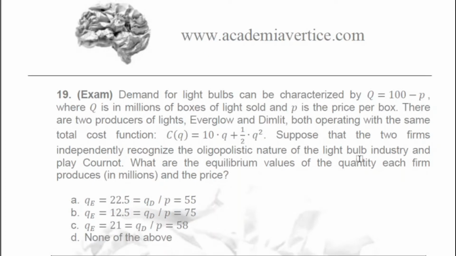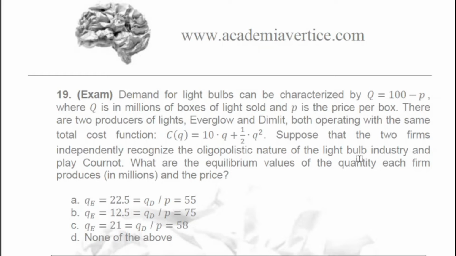So 19, another exam question. Demand for light bulbs can be characterized by Q equal to 100 minus P, where Q is in millions of boxes of light bulbs sold and P is the price per box.